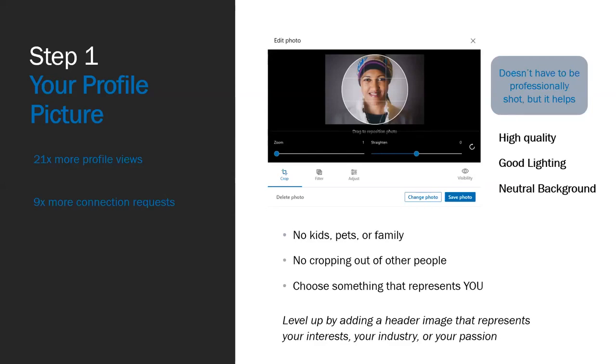So if you are in renewable energy, you might want a picture of a wind farm. Or if you're a speaker, you might want a picture of yourself in front of a very large audience. Just make sure your sizing is right if you're going to use it as your header image.